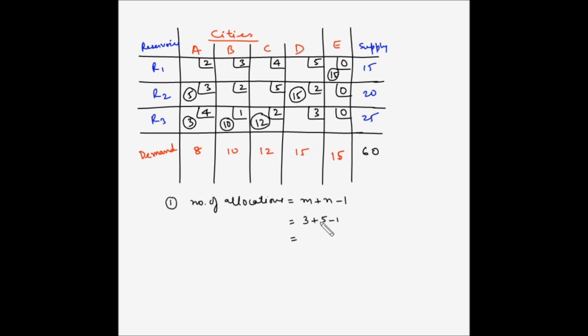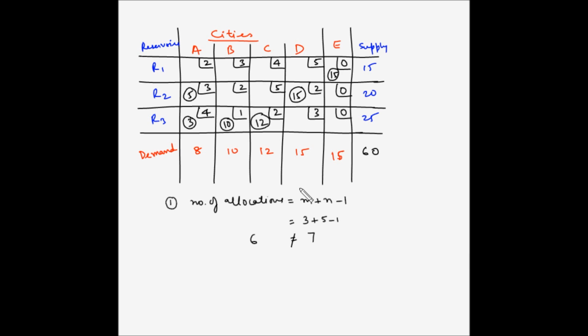So this becomes 3 plus 5, 8 minus 1, which is 7. Now let's calculate the number of allocations. So we have 1, 2, 3, 4, 5 and 6. So here the number of allocations is 6, and this is not equal to m plus n minus 1.